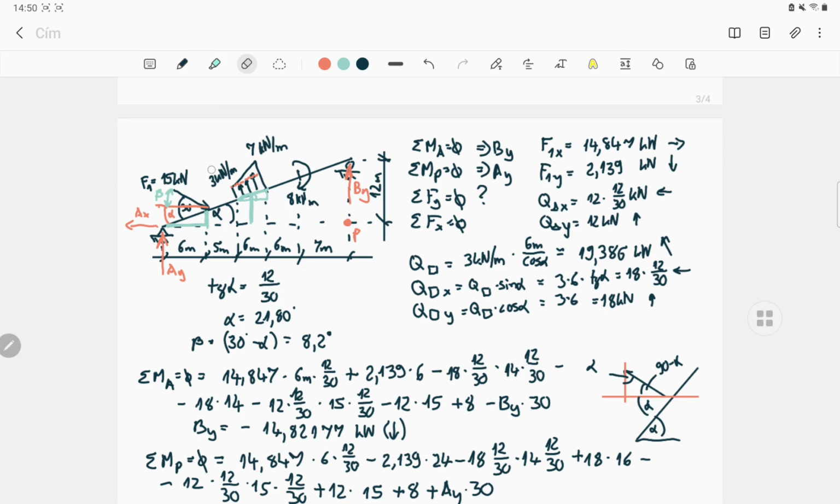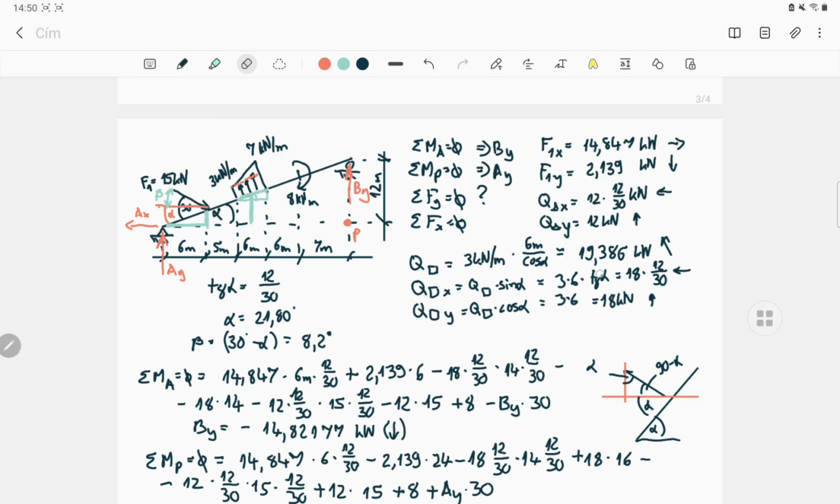Okay, with the distributed force, you can calculate the y component in an easy way. Just multiply the value with the horizontal distance. If it's a triangle, the same value multiplied by the horizontal distance over 2, because it's a triangle.